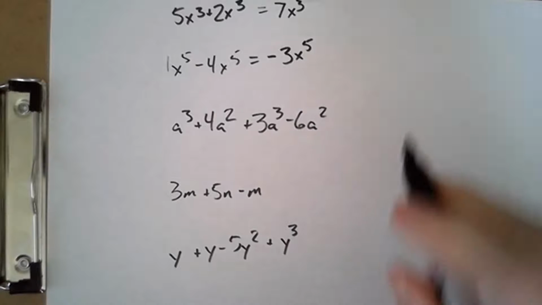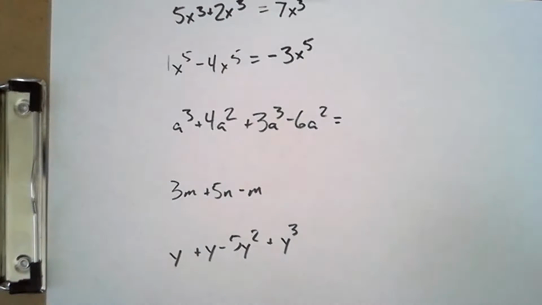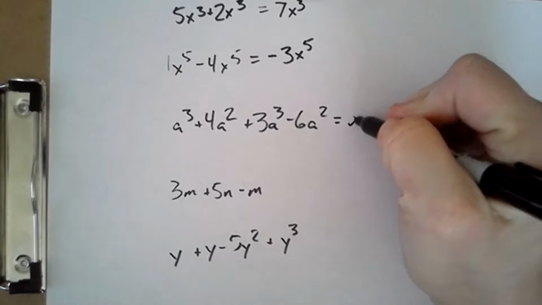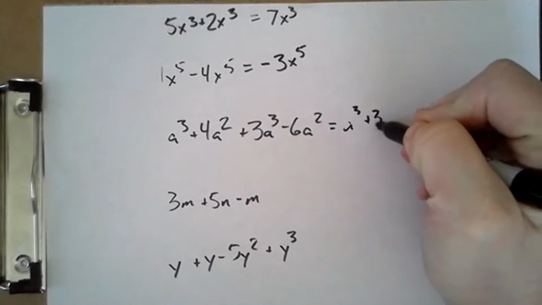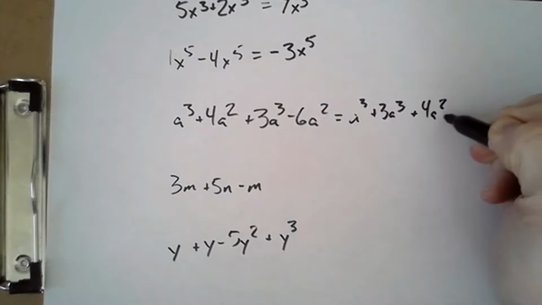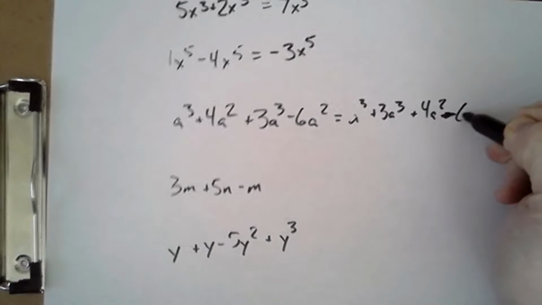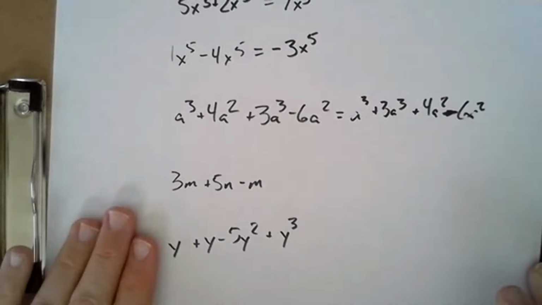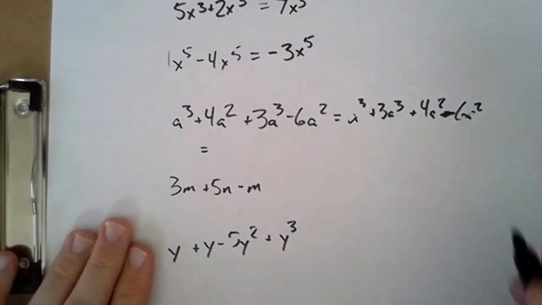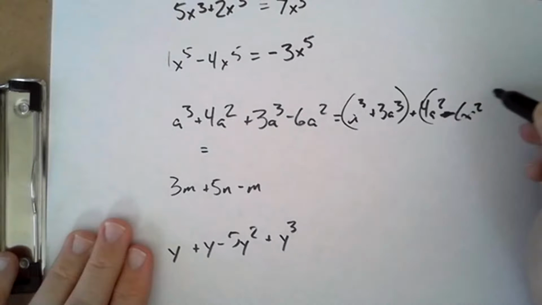The difference in this next one is that we have 2 sets of terms that need to be combined. This is the same as a cubed plus 3a cubed plus 4a squared minus 6a squared. So we can then bring it down another line and combine our like terms.